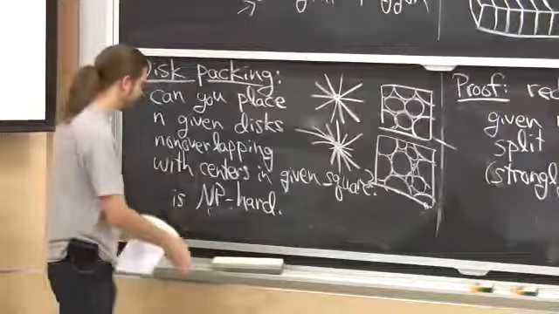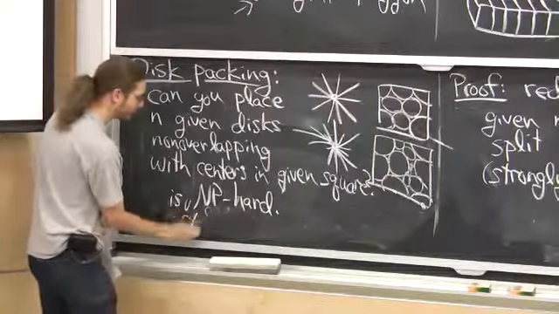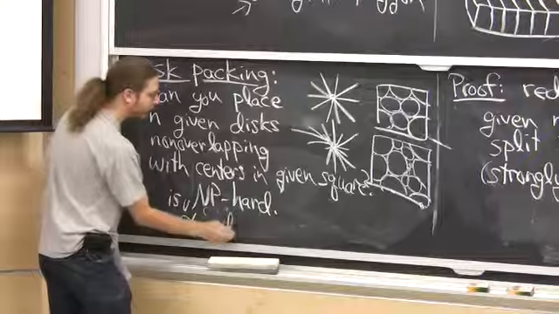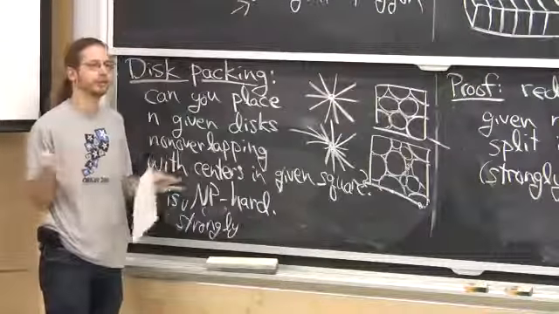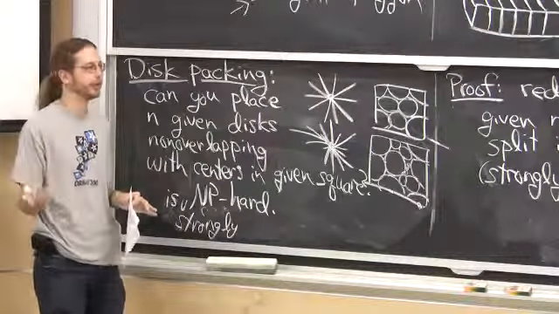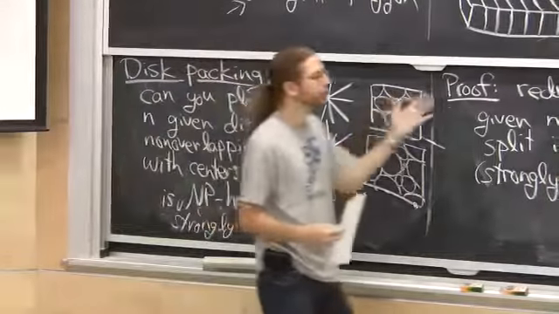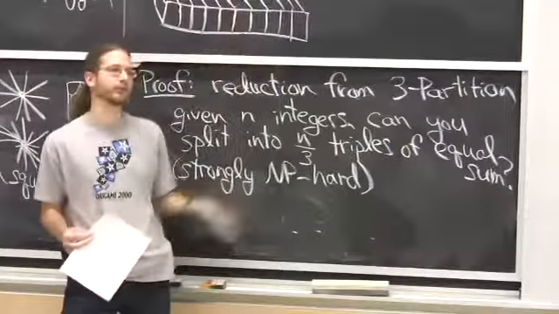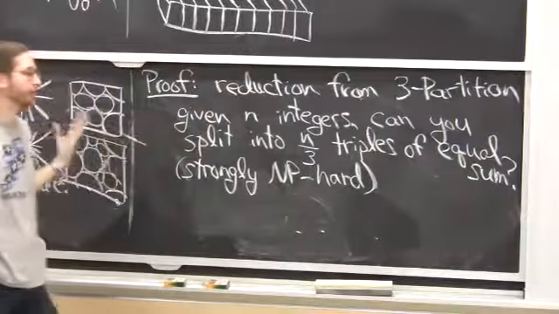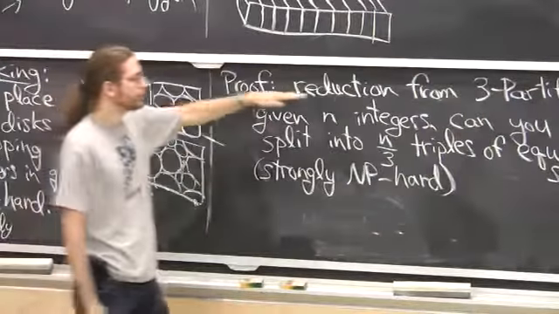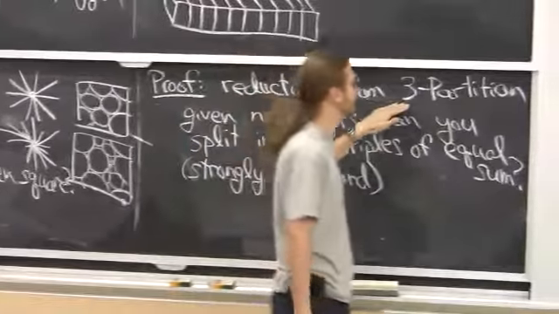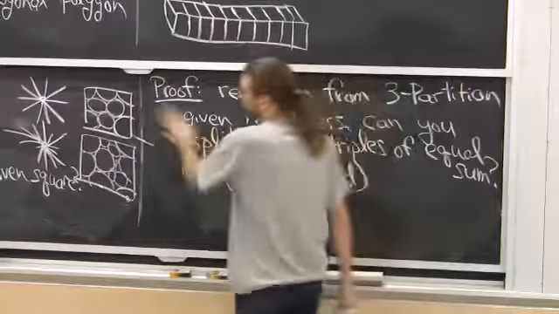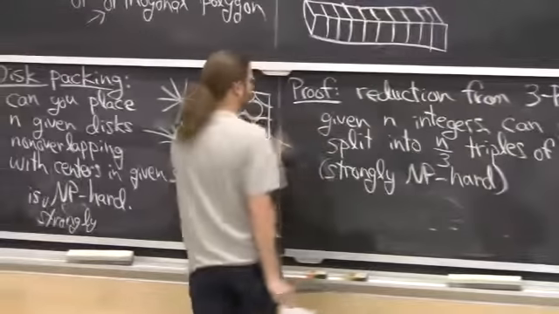So this problem is hard even when the disk sizes are not that different. There's like a range between 1 and n, let's say. If I reduce from partition, I'd need some disks to be microscopic and some to be ginormous. Exponential difference. I'm going to reduce from 3 partition because I get a stronger result that says even when the disks are not so different in size, this problem is NP-hard.